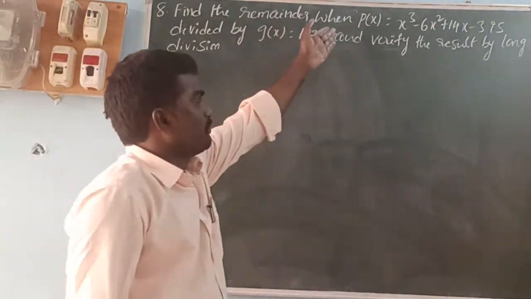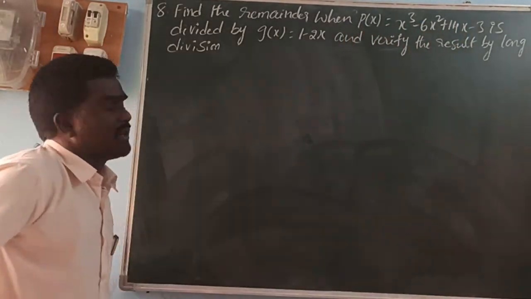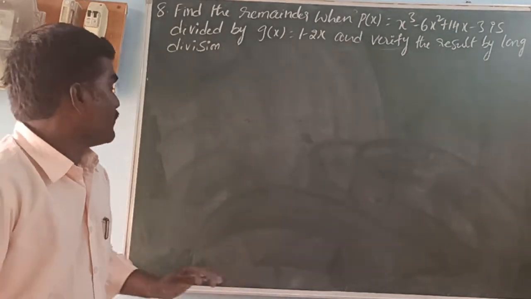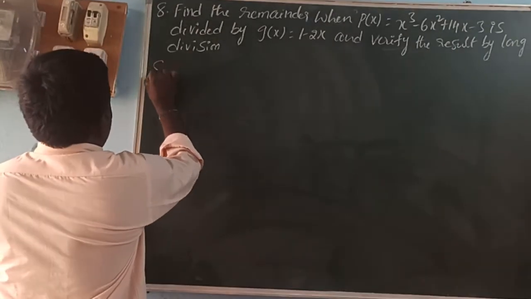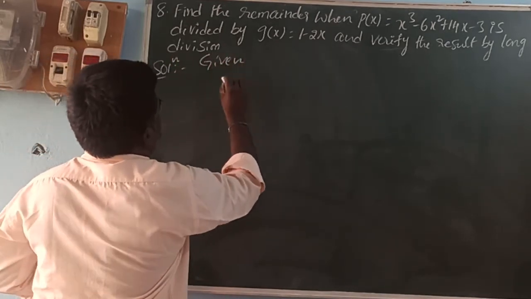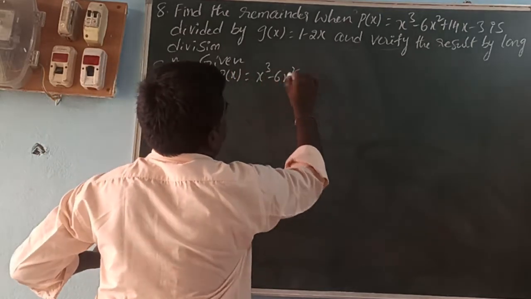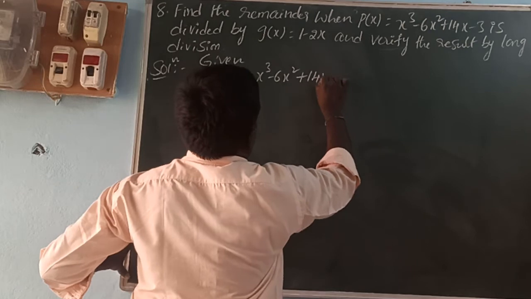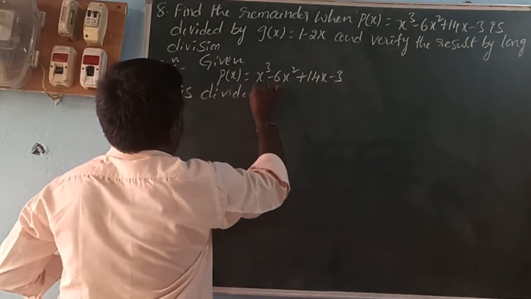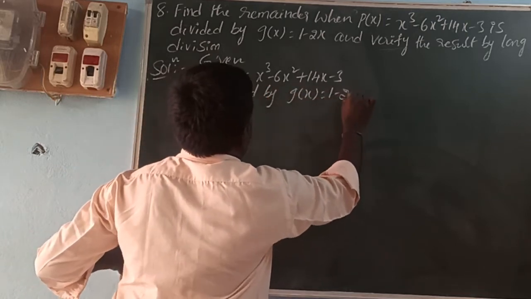Find the remainder when p of x, x cube minus 6x square plus 14x minus 3, is divided by g of x equal to 1 minus 2x, and verify the result by long division. So first, what is given? p of x is x cube minus 6x square plus 14x minus 3, divided by g of x equal to 1 minus 2x.